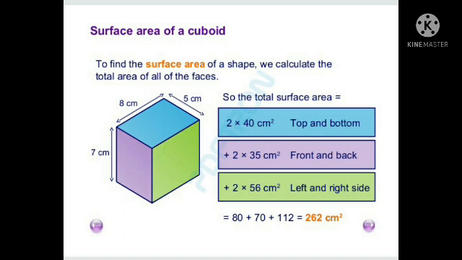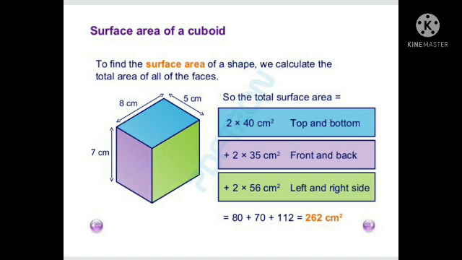Adding this up, we get the total surface area, that is 262 centimeter square. So we finally found the surface area of this cuboid having dimensions 8 into 5 into 7 centimeter. The surface area is 262 centimeter square, right?